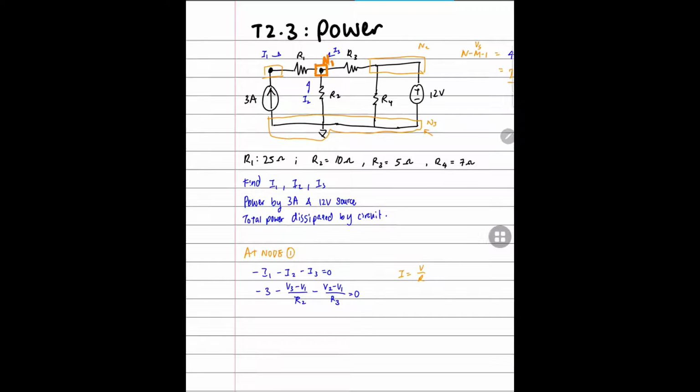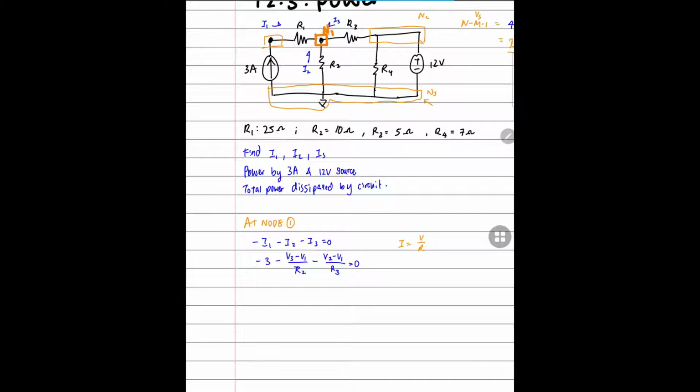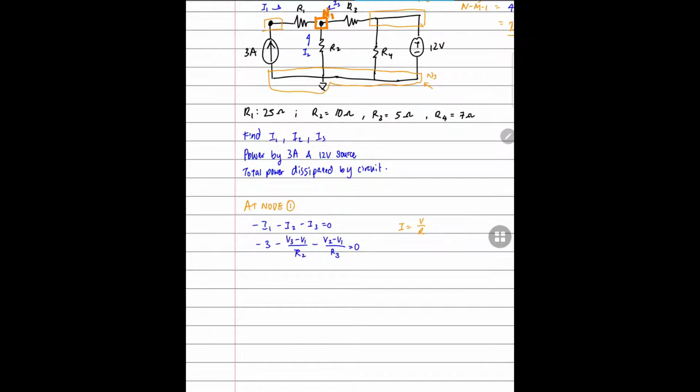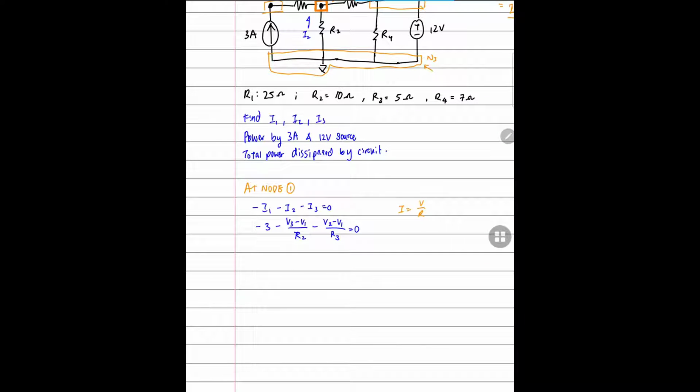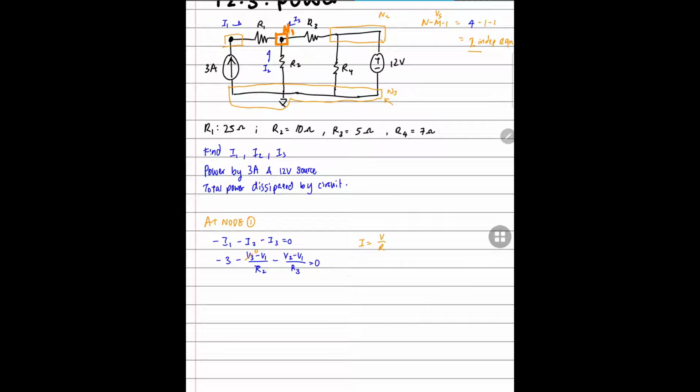The start voltage is the voltage at node 3, and the end voltage is the voltage at node 1, because we are assuming the current flows from node 3 to node 1. And because node 3 is a ground node, it has 0 volts.